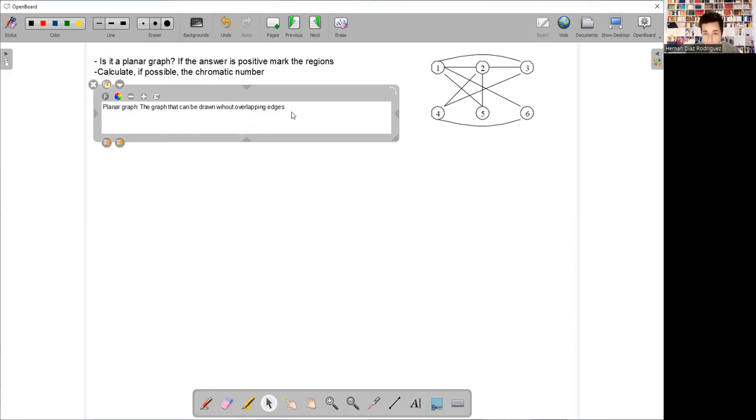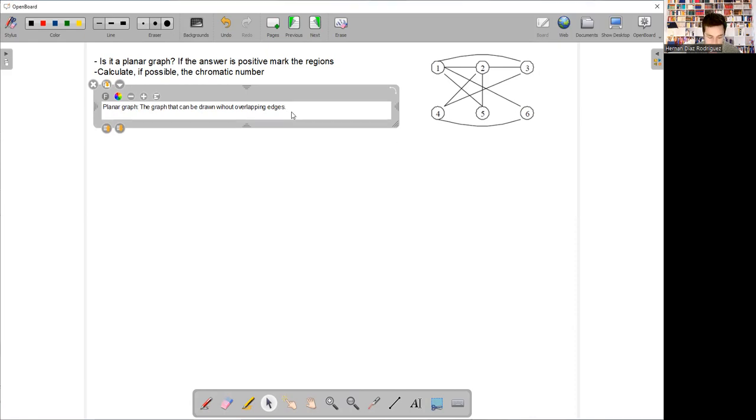So before trying to draw it, first we check if it meets the condition needed, okay, but not sufficient to be planar.